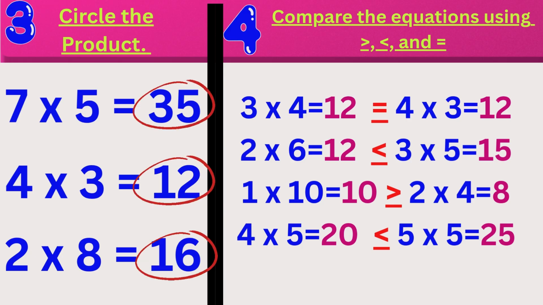Compare the equations using greater than, less than, and equal to. 3 times 4 equals 12, and 4 times 3 equals 12, so we use the equal sign. 2 times 6 is 12, and 3 times 5 is 15, so 12 is less than 15. 1 times 10 equals 10, and 2 times 4 equals 8. 10 is greater than 8. 4 times 5 equals 20, and 5 times 5 equals 25, so 20 is less than 25.